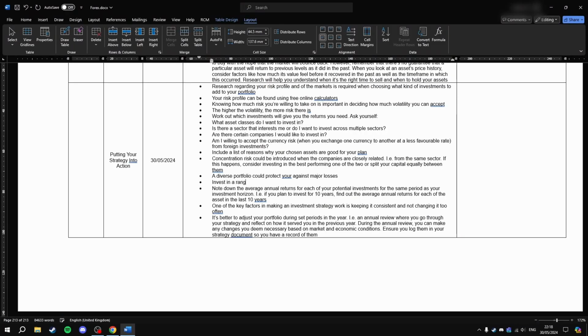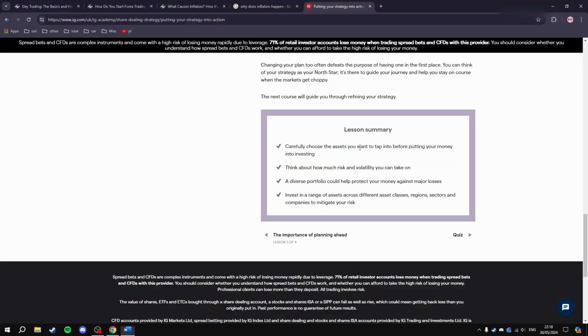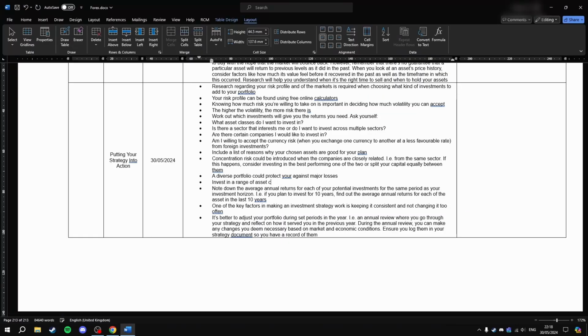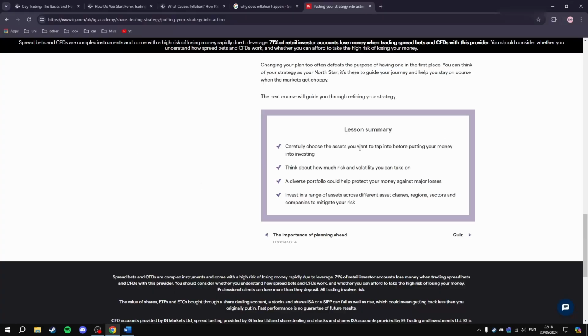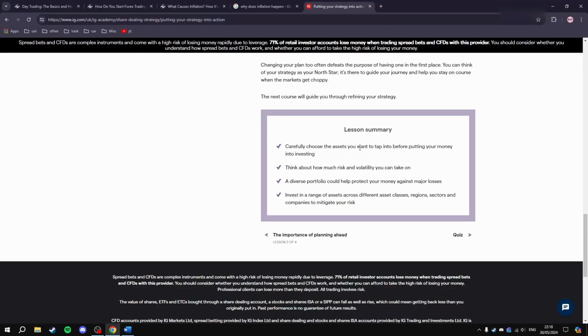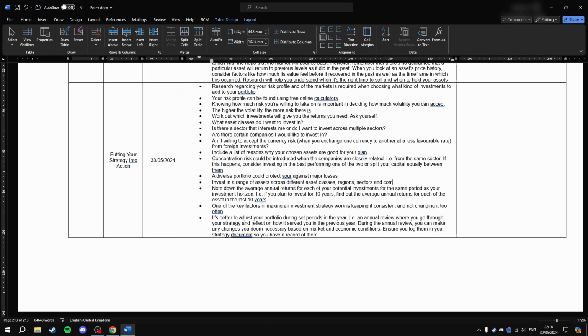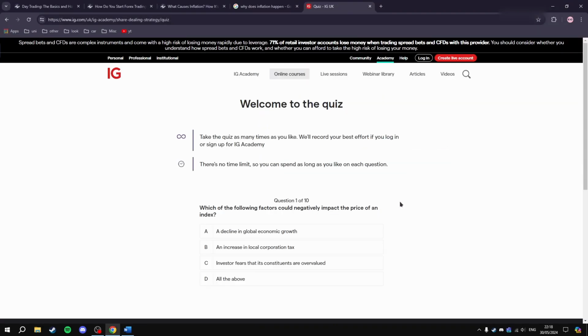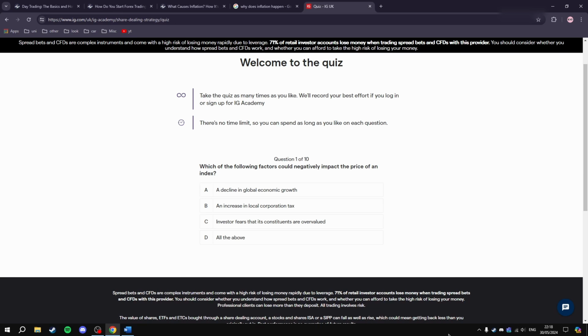Invest in a range of assets across different asset classes, regions, sectors, and companies to mitigate your risk. The quiz. So, which of the following factors could negatively impact the price of an index?